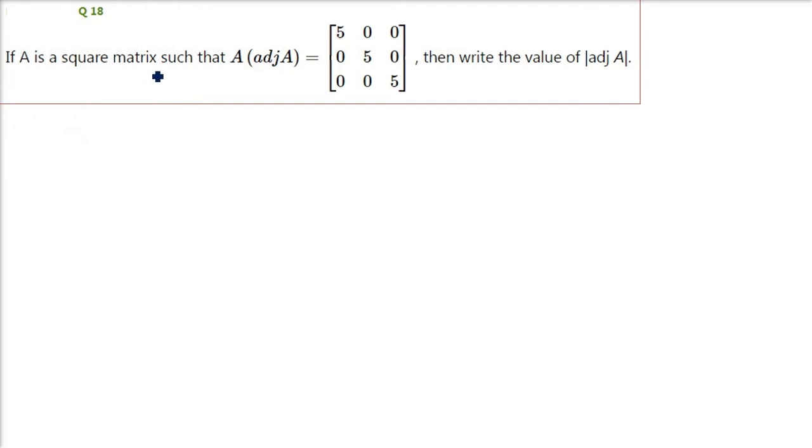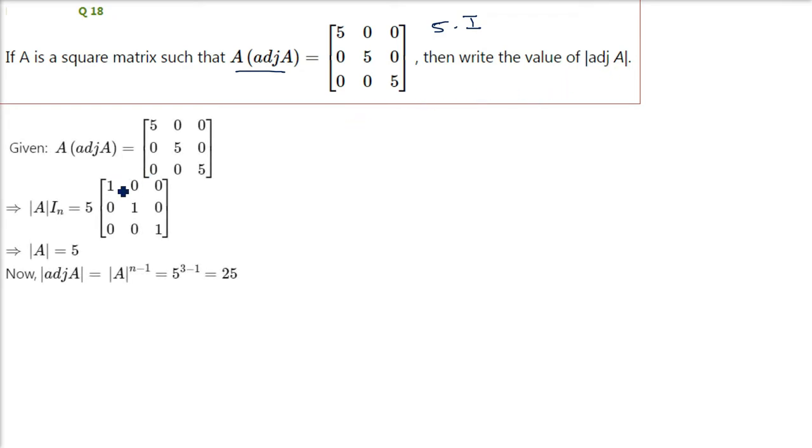If A is a square matrix such that A into adjoint A is this matrix, this is basically a scalar matrix, you can take 5 out, and that will be an identity matrix. So 5 into I it is. If you multiply 5 to the identity matrix, you will get this matrix.